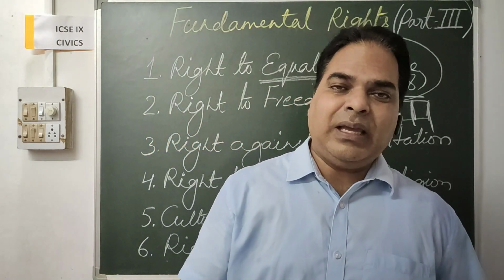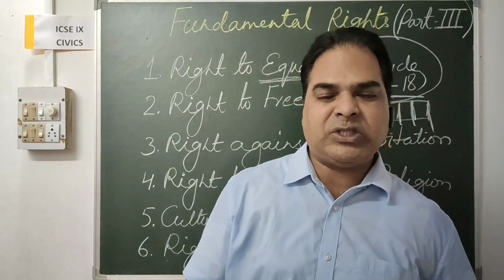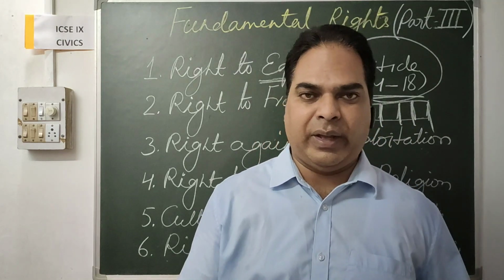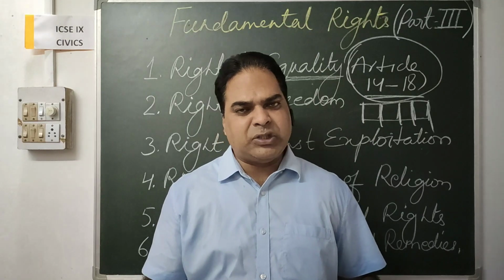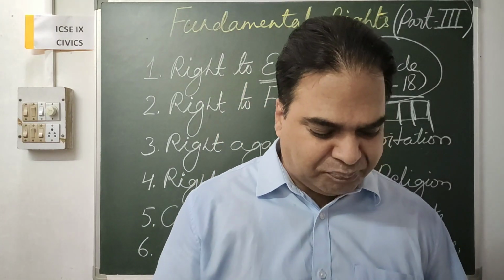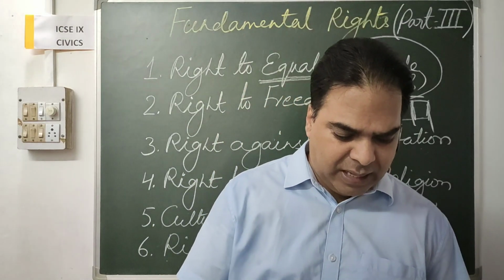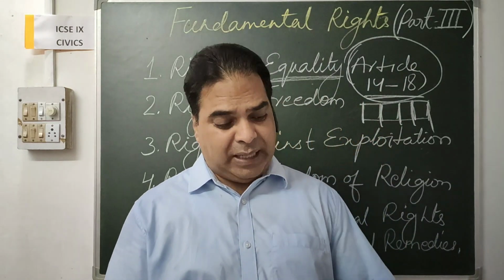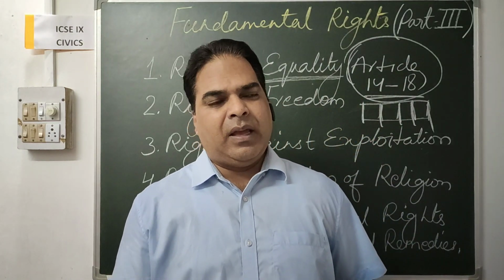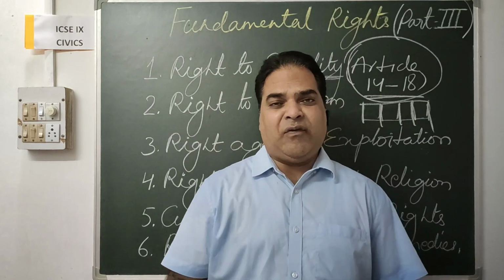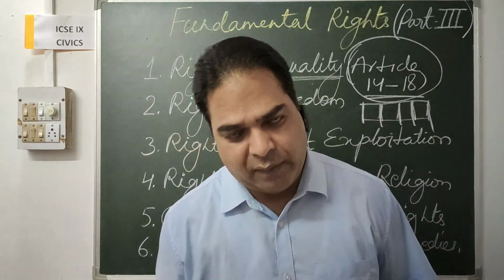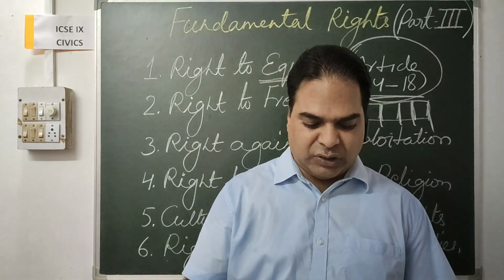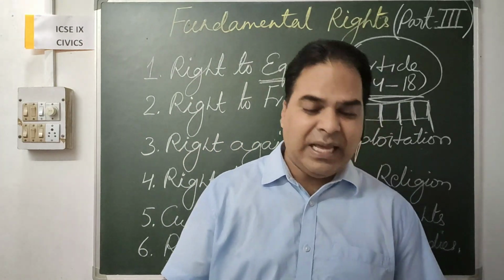That is why he wanted it to be abolished, and through a legal way. So the legal constitution of our country abolished untouchability. Practice of untouchability in any form is a punishable offense. No one can practice untouchability in society.